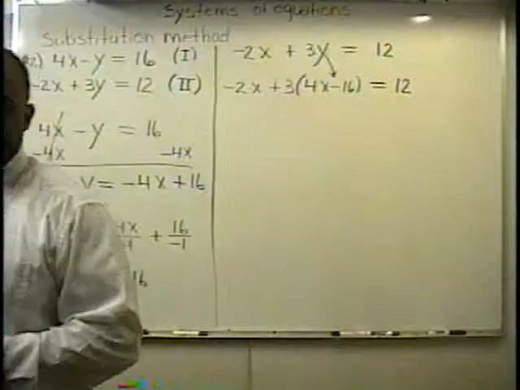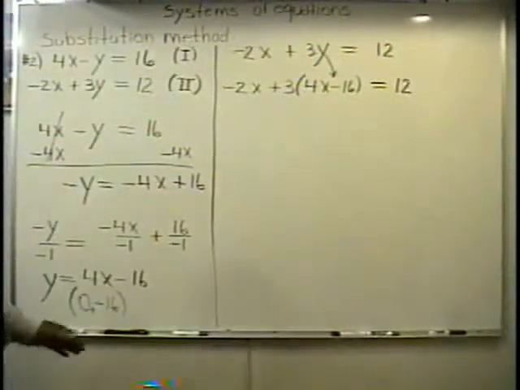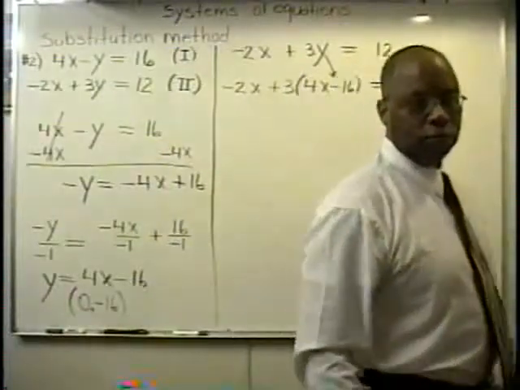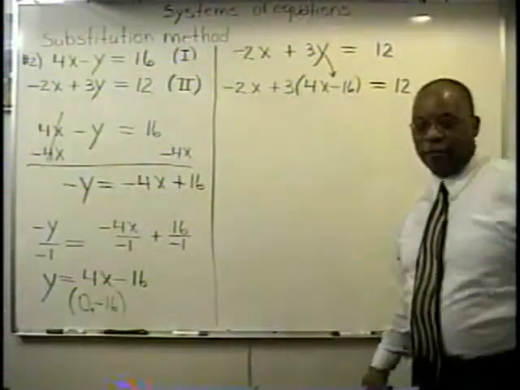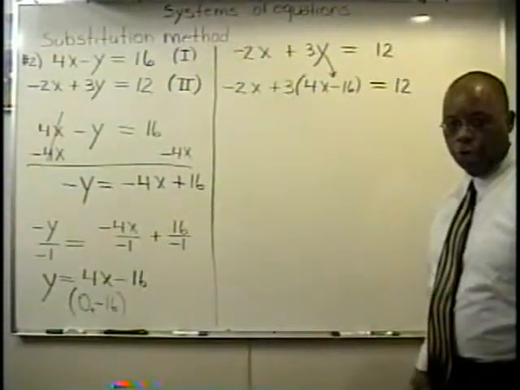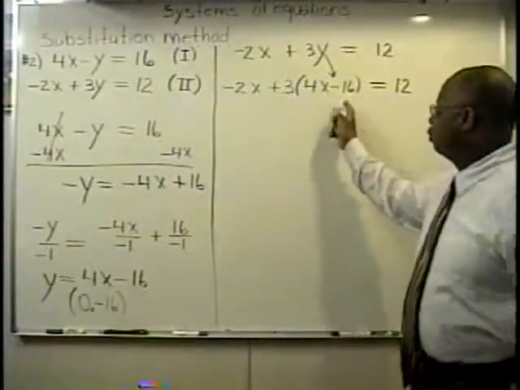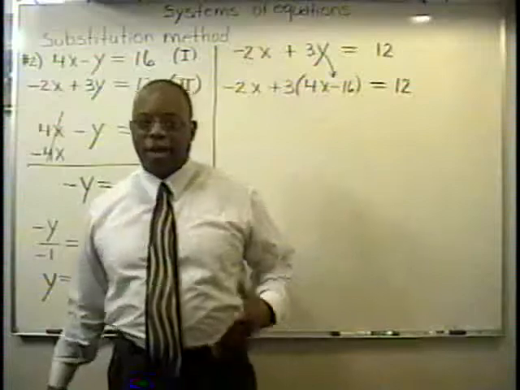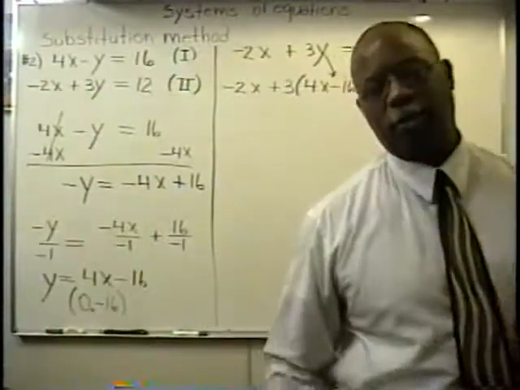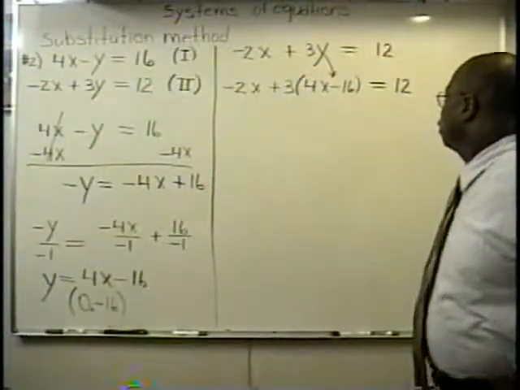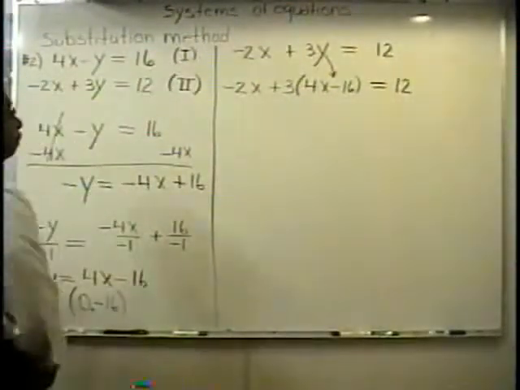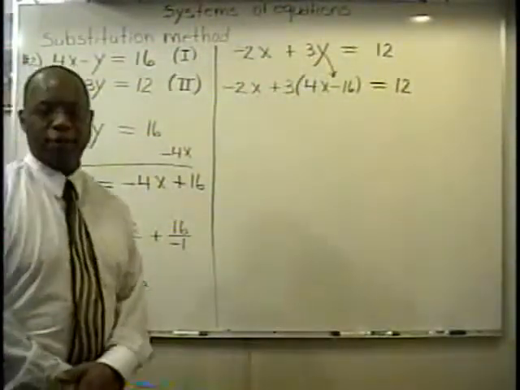Look at what we accomplished. We now have an equation that is in one variable, do we not? Do you see that? You sure? Okay, now that we have done our substitution, am I finished yet? Did I find out what x is equal to? So what do I need to do now? What do you see that needs to be done?